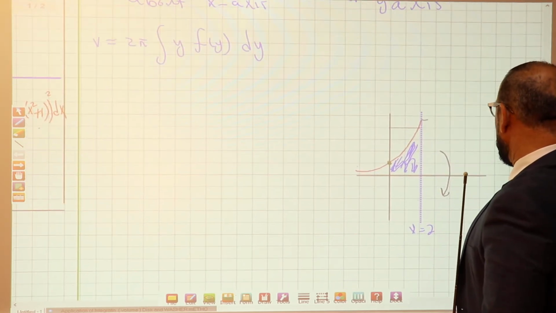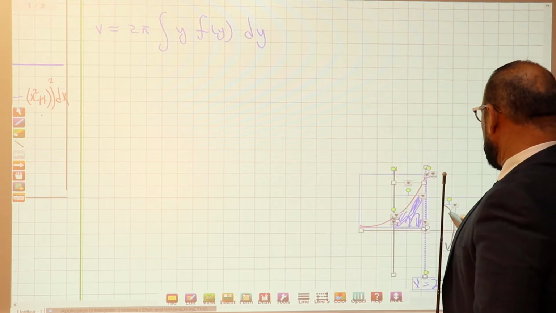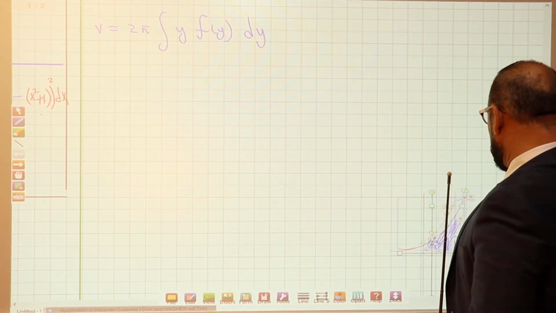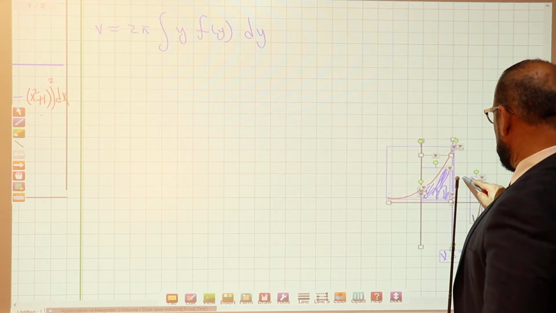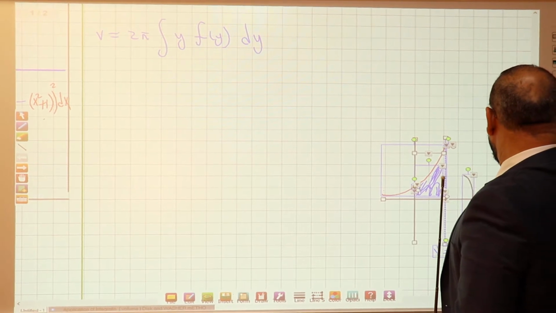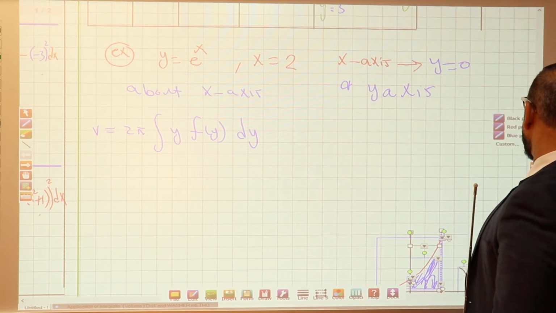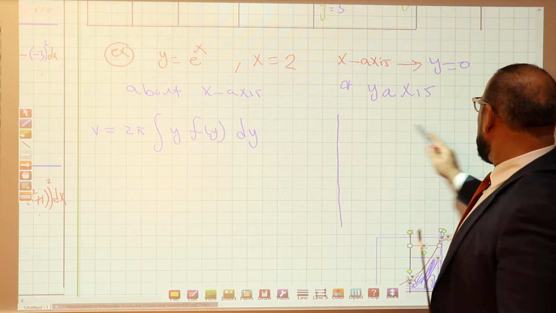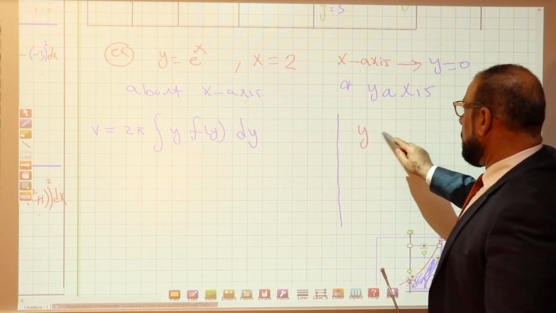Let me solve this function for x to have f of y. y equals e to the x.